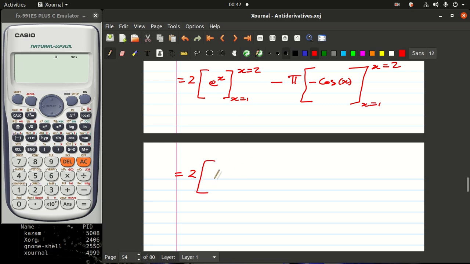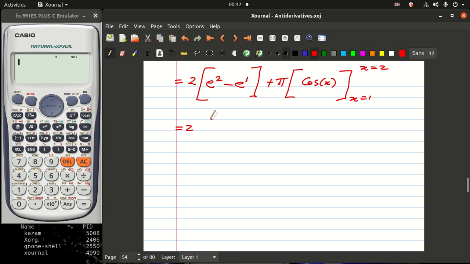I take this value and plug it inside, and I end up with e raised to 2 minus e raised to 1, minus pi, and inside here I multiply this minus and that minus to end up with a plus, giving cosine of x evaluated when x is equal to 1 and when x is equal to 2. So I have 2 times e squared minus e, plus pi times cosine of 2 minus cosine of 1, right?